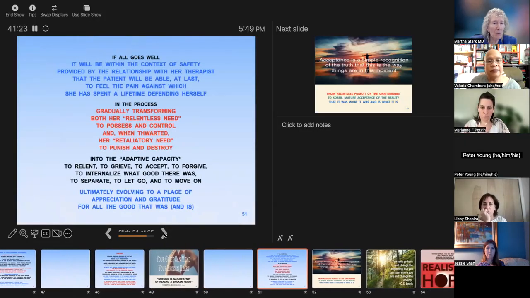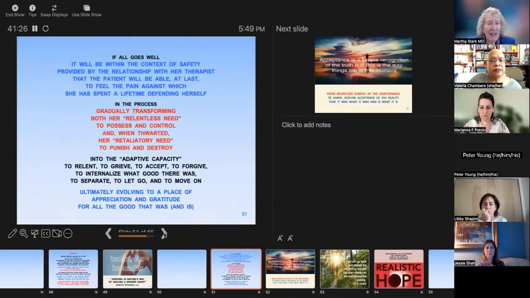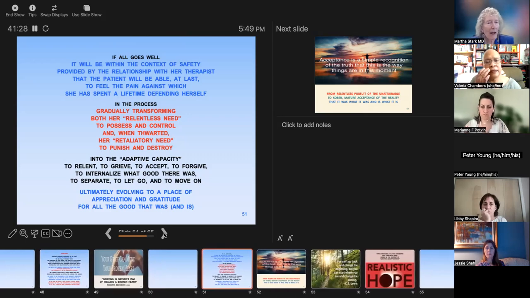Okay, if all goes well, it will be within the context of safety provided by the relationship with her therapist that the patient will be able at last, through healing cycles, to feel the pain against which she has spent a lifetime defending herself, defending herself by way of the relentless hope, hoping against hope that maybe someday, somehow, some way.